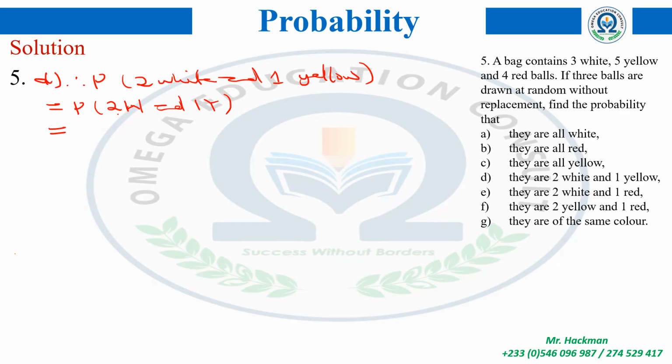You see, you want 2 out of a total of what? 3. So 3 combination 2, then times 1 out of a total of what? 5.